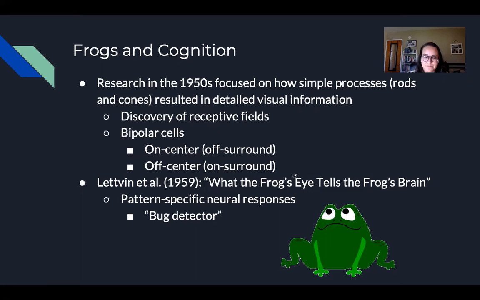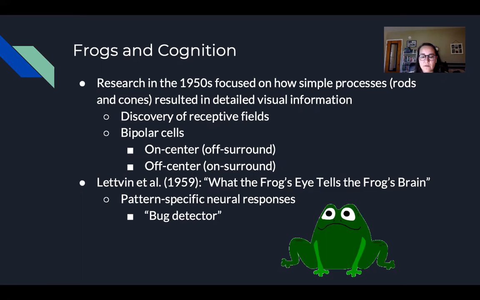And so how do frogs fit into all of this? A set of researchers, Lettvin et al., in 1959, published a really classic article called "What the Frog's Eye Tells the Frog's Brain." Again, very literal titles here.